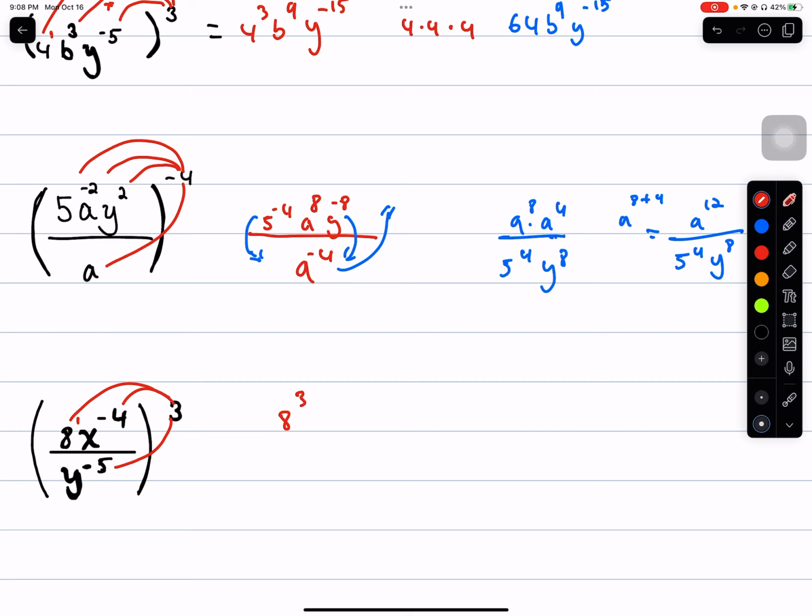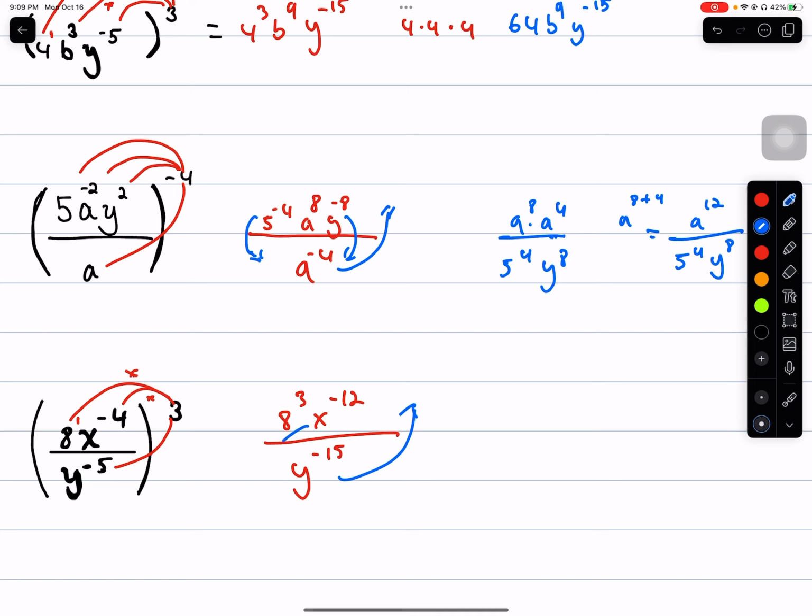Negative 4 times 3, all this is multiplying, x to the negative 12. 3 times negative 5, that's going to give me y to the negative 15. Once again, I'm going to switch the places here.